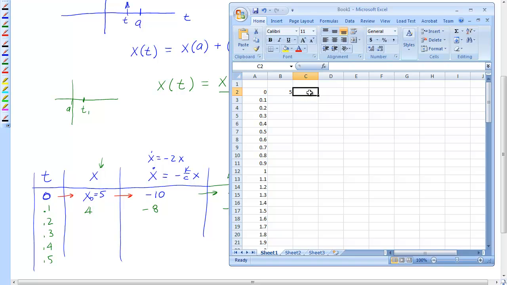I'm going to go ahead and say this one is equal to minus 2 times the value in the previous column, which would be this one, and then this one would be equal to 0.1 times the value in the previous column.